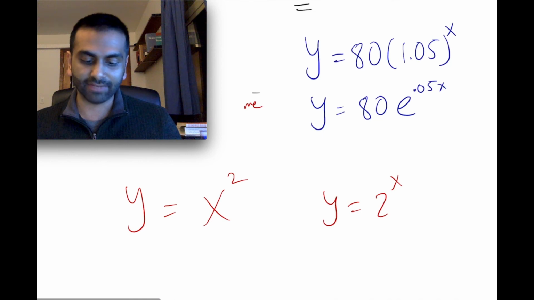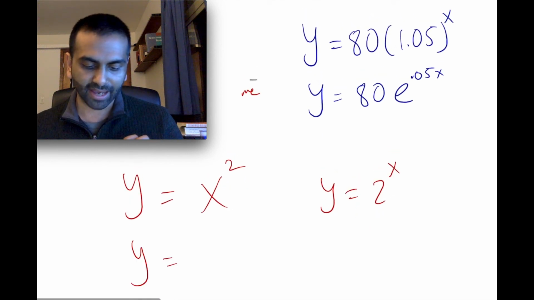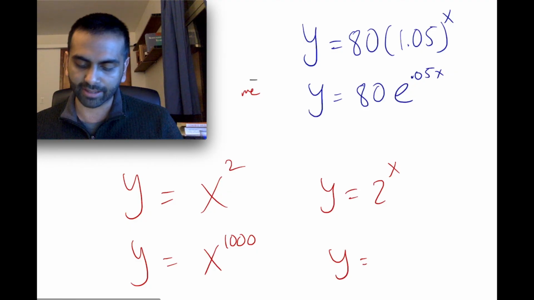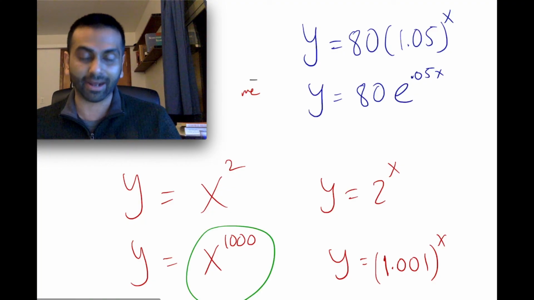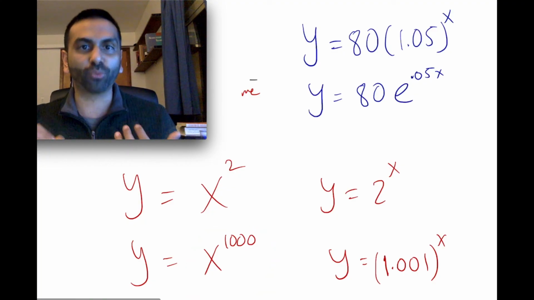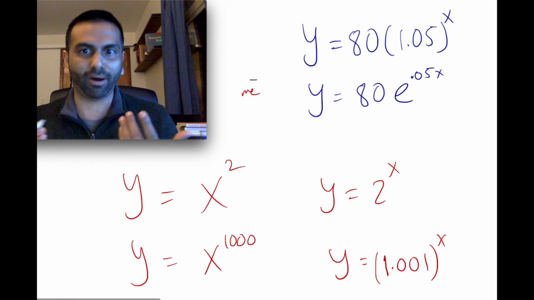In fact, even if the numbers are wildly different, even if I said y equals x to the 1000th power, and y equals something really small like 1.001 to the x, when x is 1, 2, 3, or so, the power function is way bigger. Like 1 to the power of 1000 versus a number close to 1.